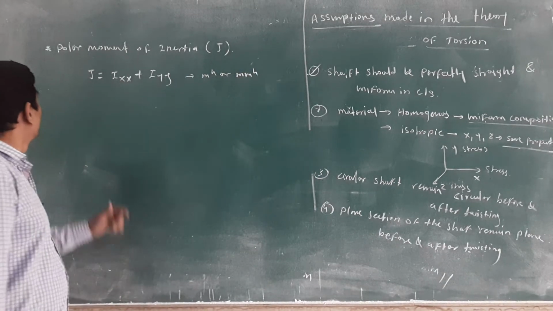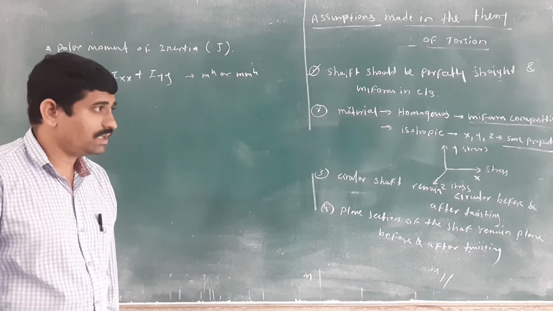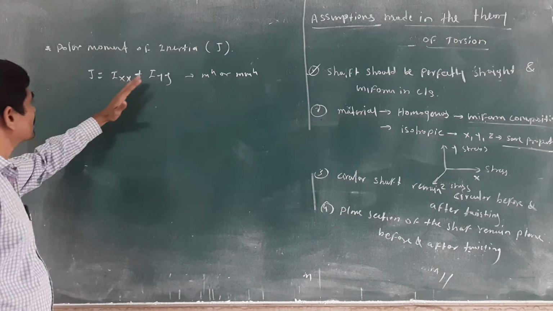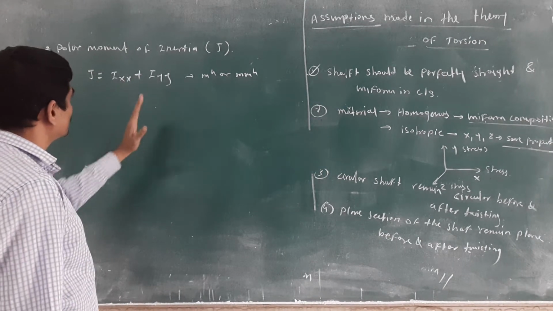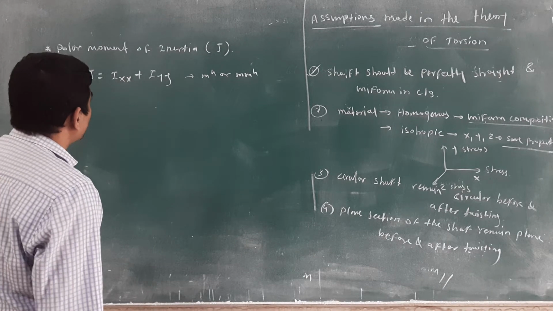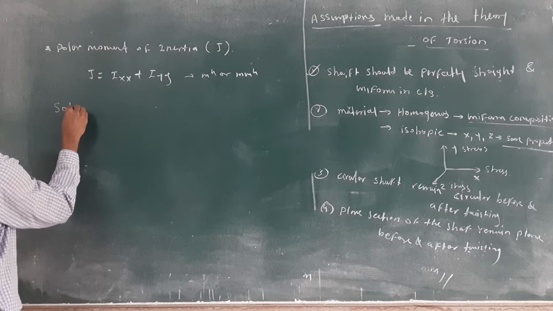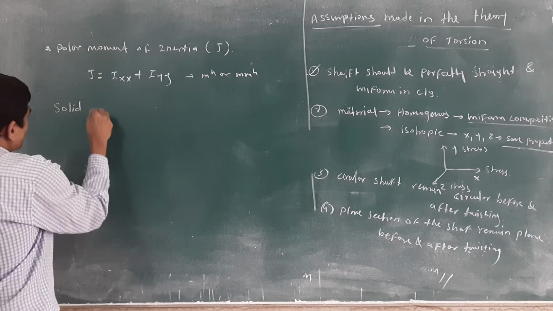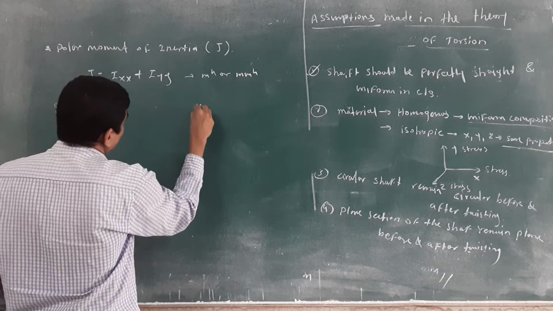Remember that the polar moment of inertia is the summation of Ixx and Iyy. You know what Ixx and Iyy are, and it is denoted by J. I will work out the polar moment of inertia for the solid shaft and for the hollow shaft.